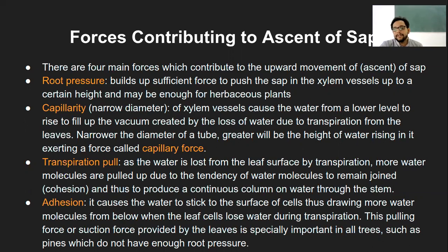Then you have to write, okay, it is ascent of sap, and then you have to write the different factors which contribute there. So there are various such questions that can be asked in this topic. And of course these definitions, like what is capillarity, what is transpiration pull, what is cohesion, and what is adhesion, and so on.